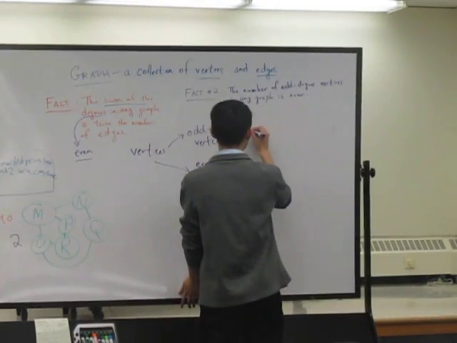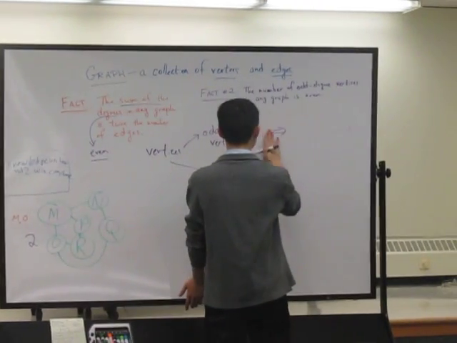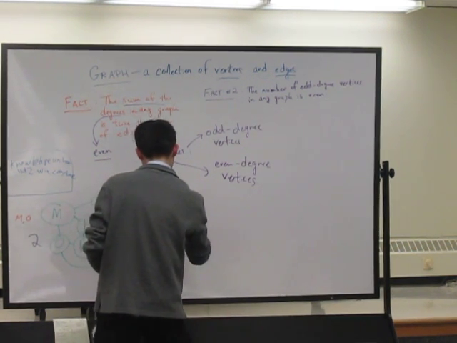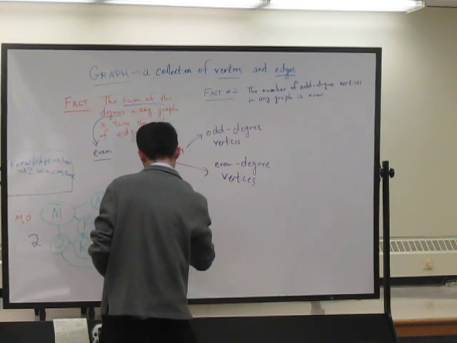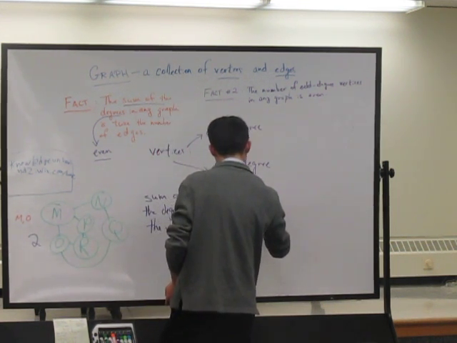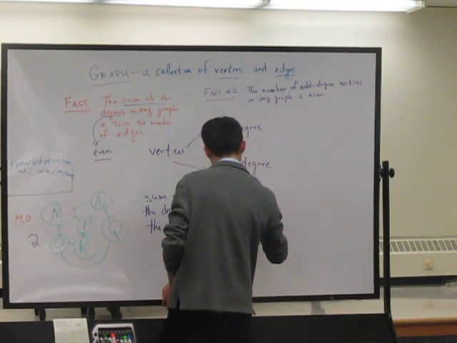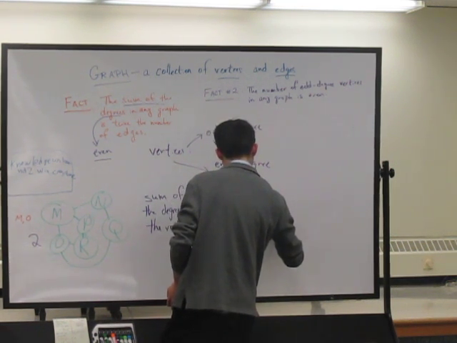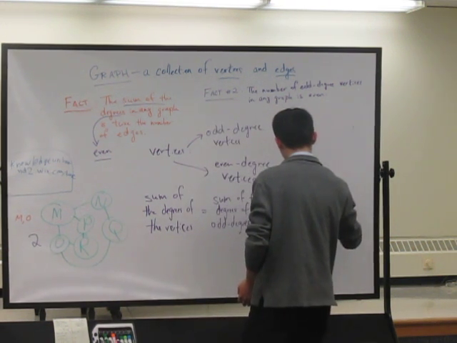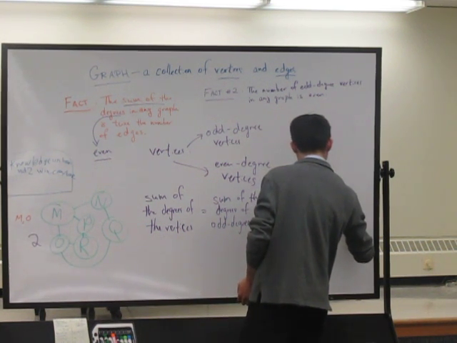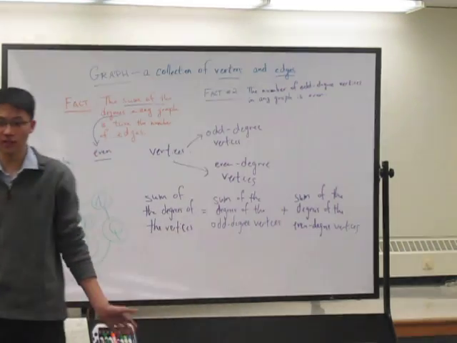So we can say that the sum of the degrees of the vertices is equal to the sum of the degrees of the odd degree vertices plus the sum of the degrees of the even degree vertices. Is this correct? You guys all see that? Why that's true? Any questions?